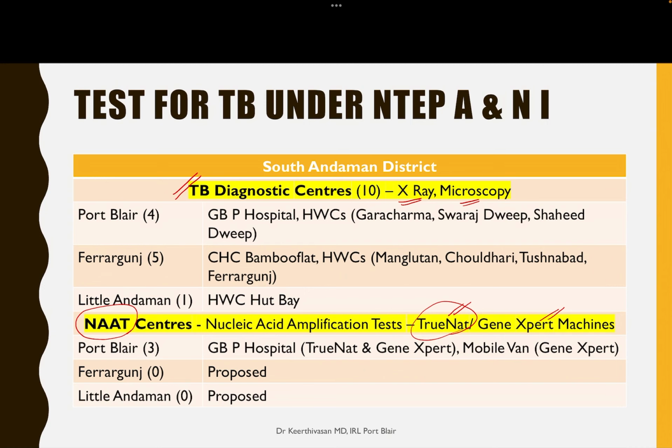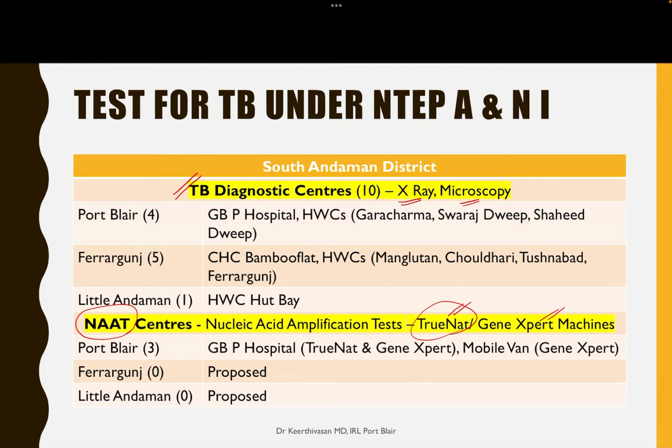It gives genetic confirmation that this particular bacilli which you are seeing is Mycobacterium tuberculosis. Because if the LT is not trained, he may confuse the bacilli which he is seeing in the staining, and he may report it as Mycobacterium tuberculosis, whereas there are chances that it may be something else. So we need a genetic confirmation, and that is given by this particular test.